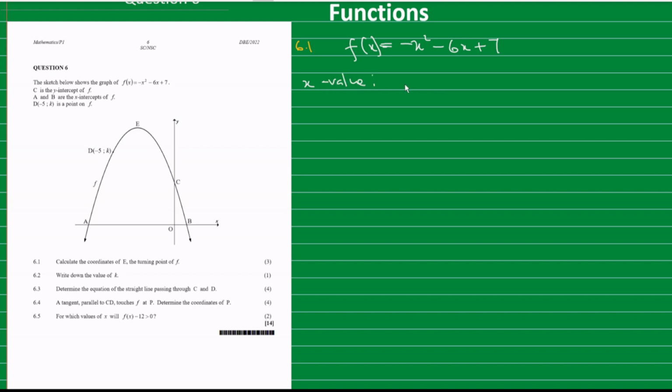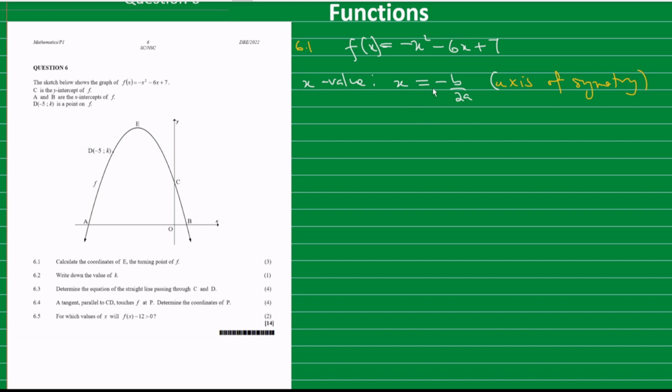To find the x value we use the equation minus b over 2a, which represents the axis of symmetry for the parabola. We know that the axis of symmetry of a parabola always passes through the turning point.